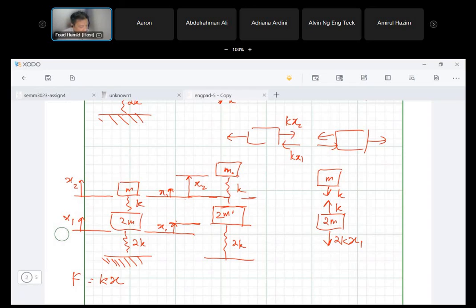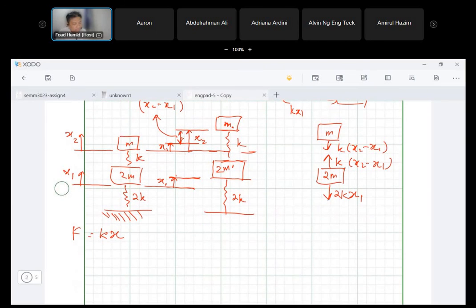Note that I mentioned just now that part of the movement of x2 is due to x1. So the total movement for the top mass is only this part here, which is x2 minus x1. So this is k(x2 minus x1), and this is k(x2 minus x1), because when you join these two internal forces, it must equal 0.